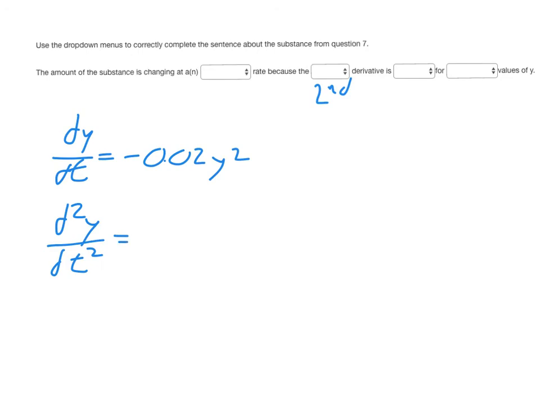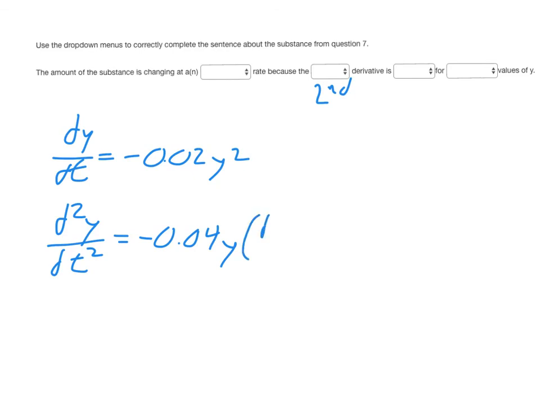So power rule here. So negative 0.04 y, but because this is a y, and I'm taking its derivative, and y is my output variable, not my input, I'm taking the derivative with respect to t, I have to do implicit differentiation.